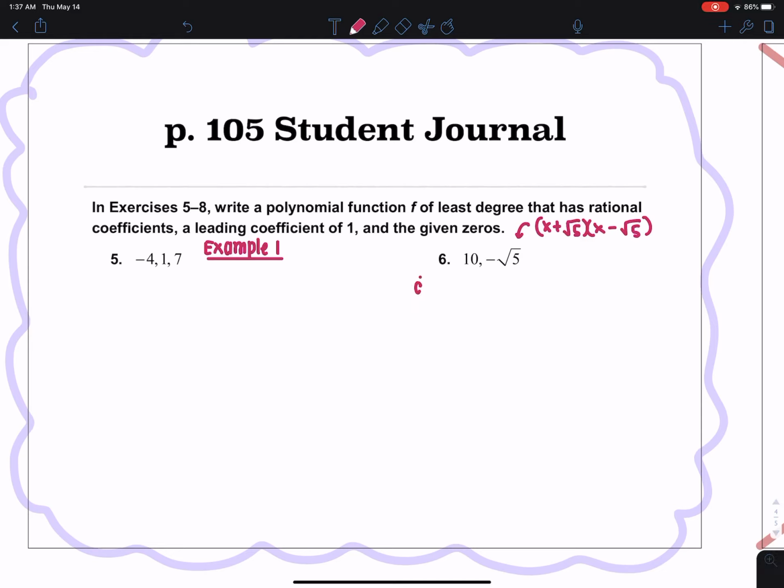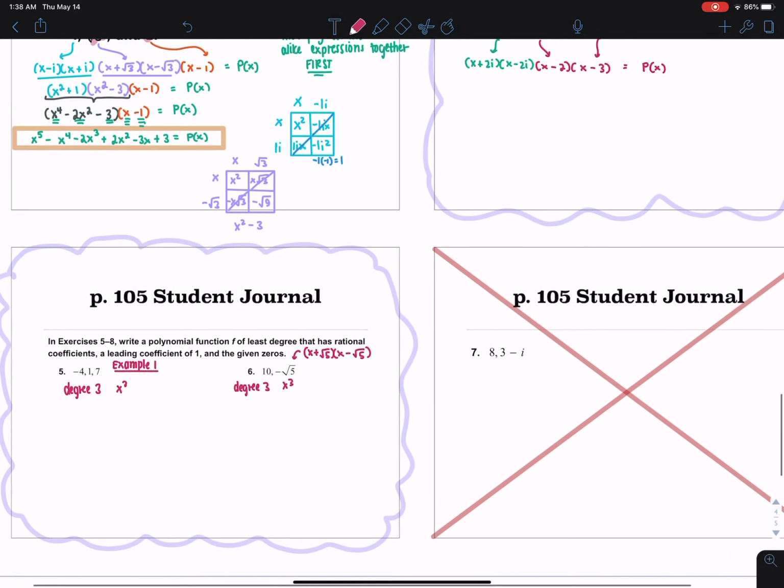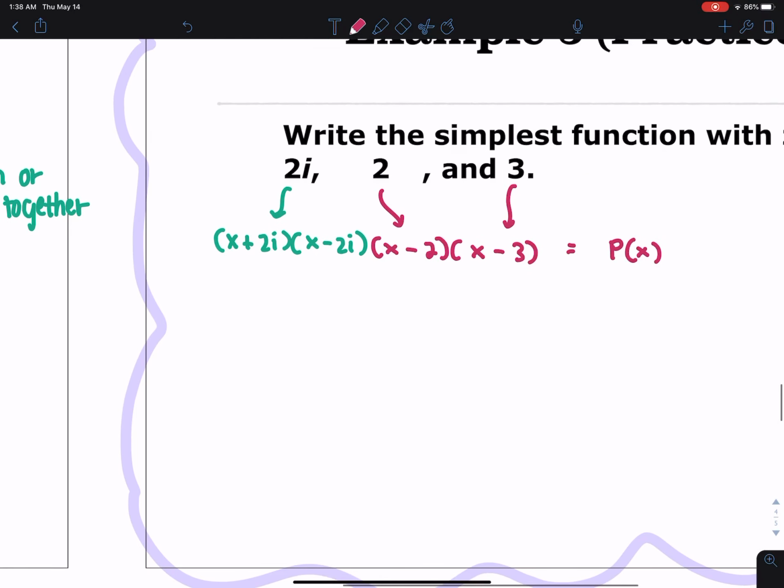So this should be degree 3. So it's going to start with x to the third power, and this one should also be degree 3. And again, means it's going to start with x to the third power. This one is going to be degree 4, which means that your polynomials can start with x to the fourth power.